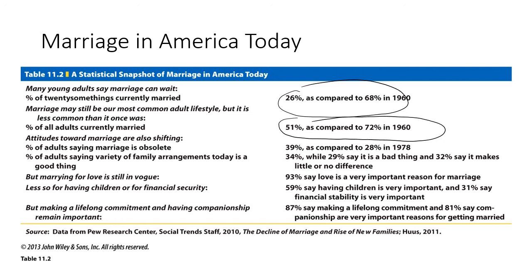Part of this is because people are waiting longer, so in general you're going to have less people married, but you have more people doing things like cohabiting, people that are living together rather than just getting married. People that are living in more of a common law type marriage. People who are in step families without marriage.